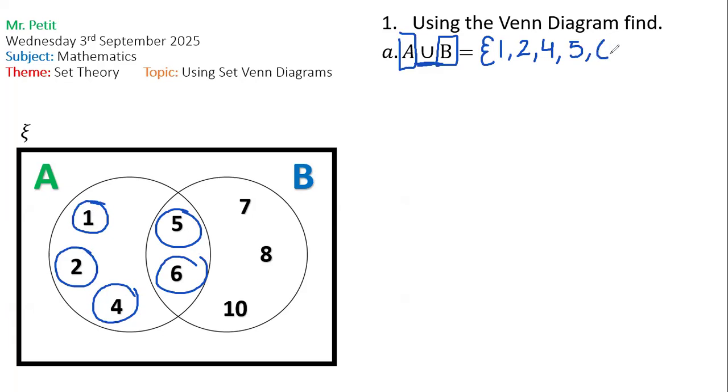But we're not done because we need B as well. So we're gonna have 7, 8, and 10. And that is gonna be the union of A and B.